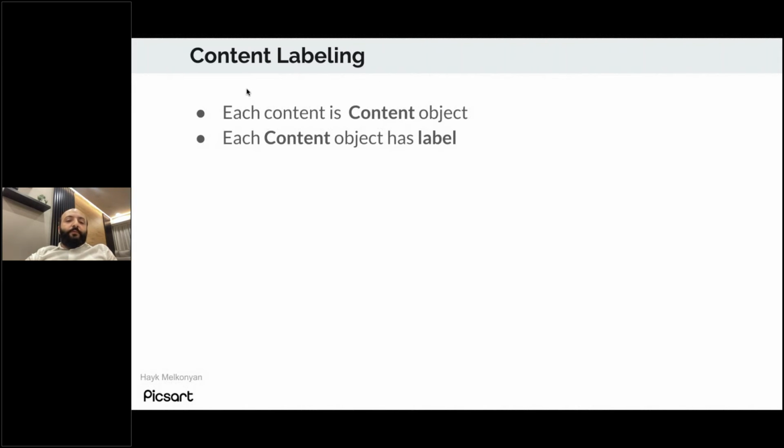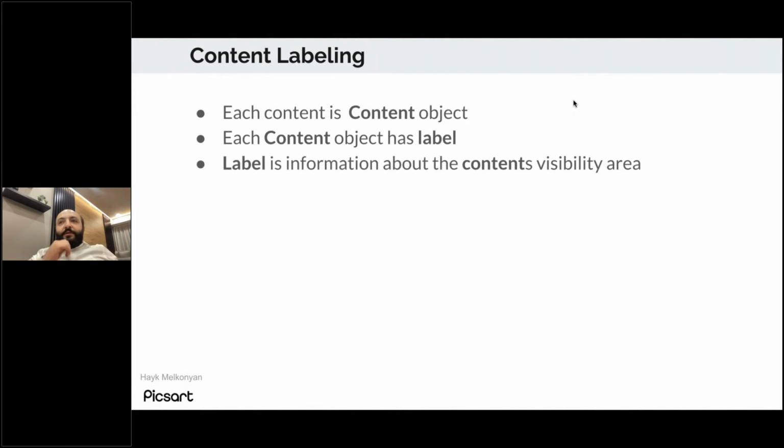Each content which we defined before is a content object, and each content must have a label. The label must provide information about the content's visibility area or invisible area. There can be an array of countries, or some marks which show this is available in Asia but not available in the US, or this is available in Russia but not in India.